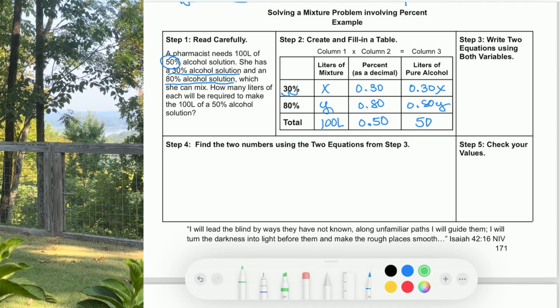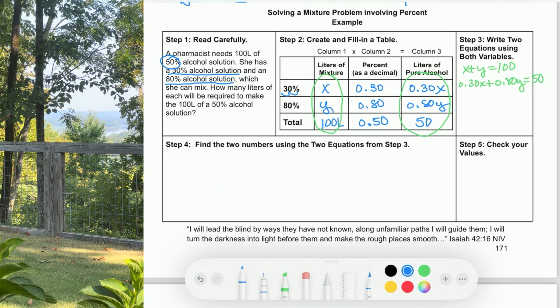We now have our 2 columns that we needed to make our 2 equations. So let's go ahead and write those over here. We have x plus y equals 100. And then we had the 0.30x plus 0.80y equals 50. These are the 2 equations we're going to use.